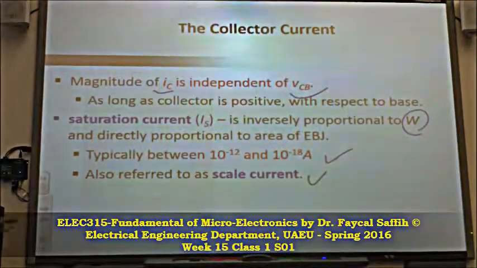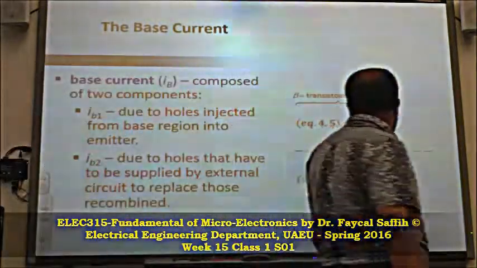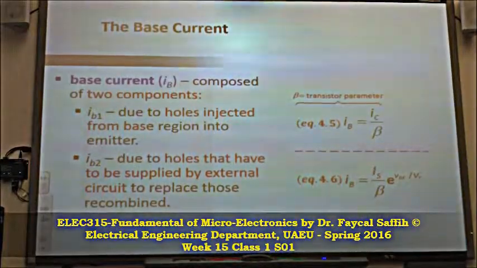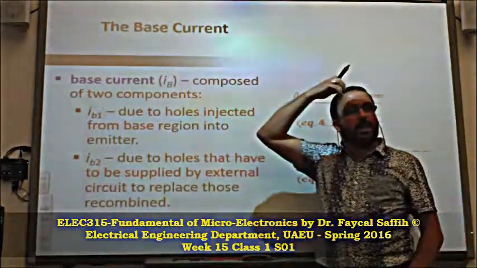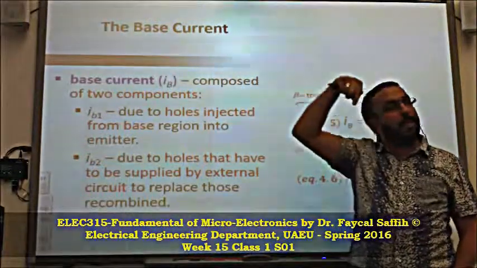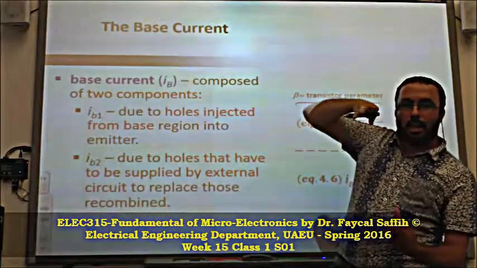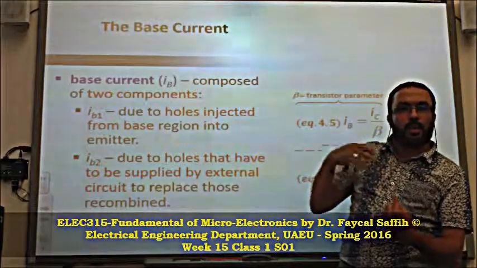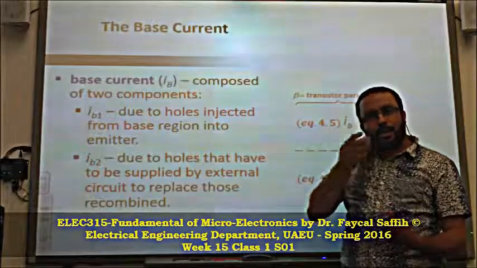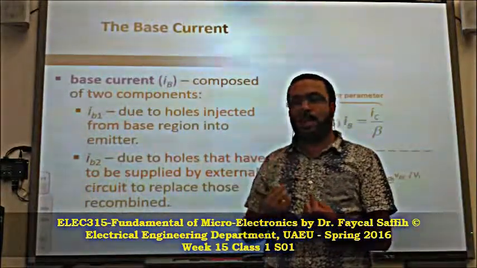Good? All right. Now we are getting to the spicy part, getting the equations in here. So the base current, IB, what is that? Remember, we said that the electrons will come from the emitter. Some of them will die, and eventually the battery has to supply the holes, because some of the holes got killed by the electrons when they recombined at the base.